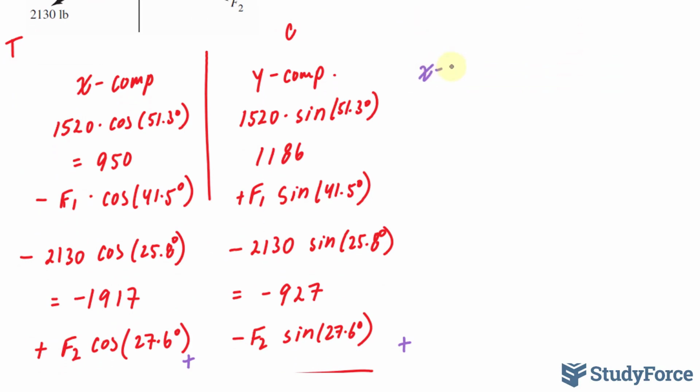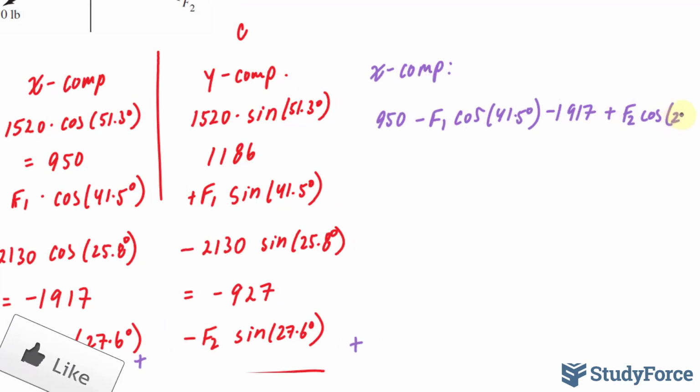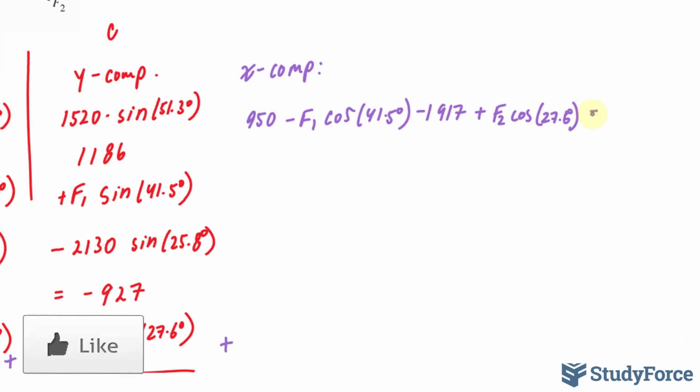So for my x components, my equation will be 950 minus F1 cosine of 41.5 degrees minus 1,917 plus F2 cosine 27.6. And that is equal to 0.